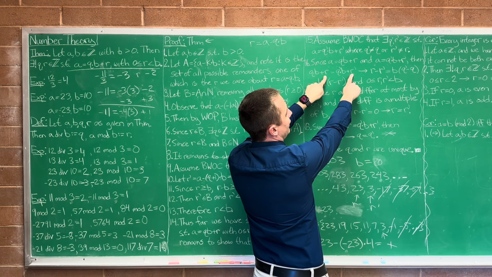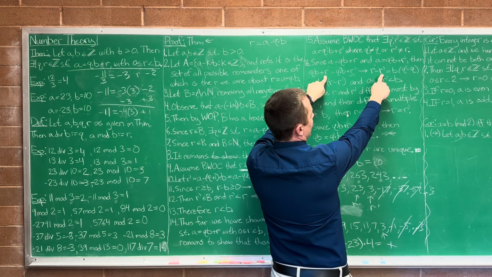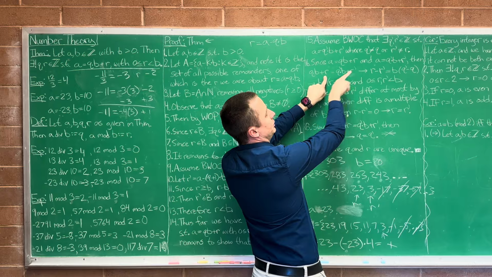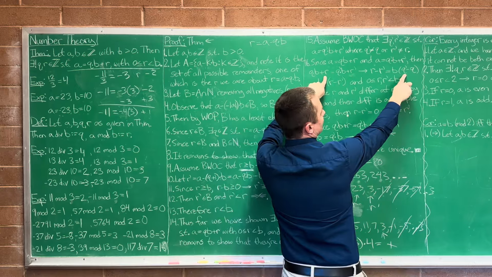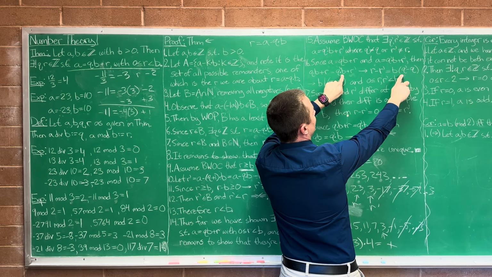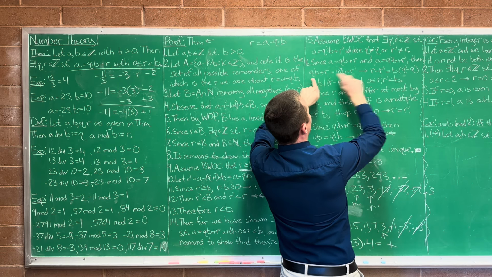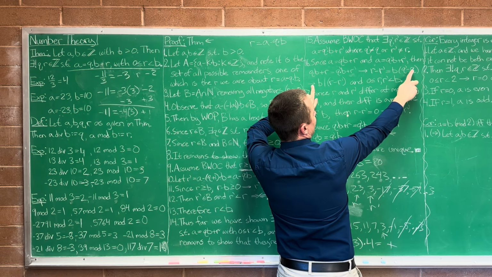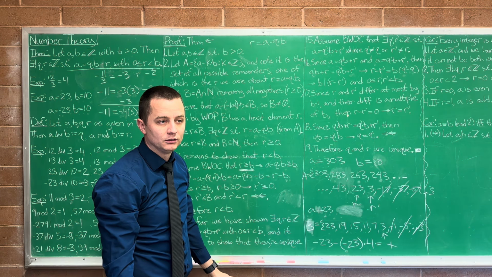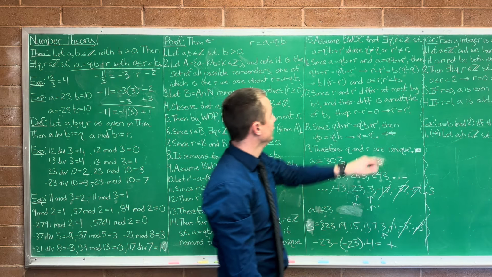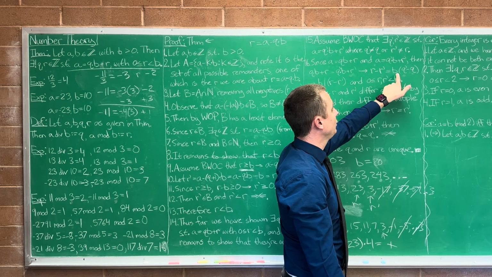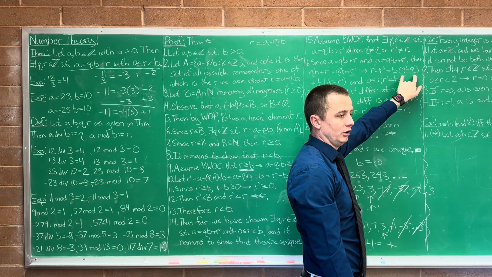So subtract r prime from both sides, which puts the negative r prime over here. And subtract the qb from both sides, put the qb over here. I also factor at the same time. Hopefully you can see that. So q prime times b is this one, b times q prime, and then when we move this over, it's a negative, so negative q times b. Good? Okay. So r minus r prime, notice, is equal to b times an integer.